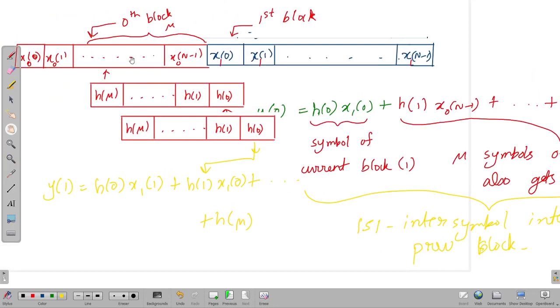Now this would end at the symbol just after that, x of n minus mu plus 1.